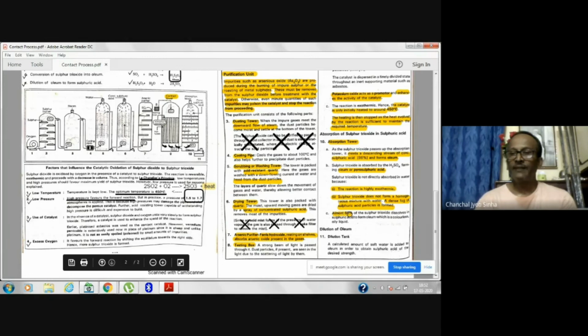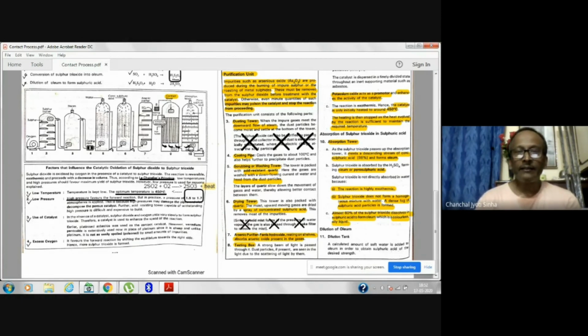Almost 60% of sulfur trioxide dissolves in sulfuric acid in this chamber to form oleum. Oleum is a colorless, oily liquid. This oleum settles here at the bottom of the chamber, and there is a tap. Oleum is taken out in this beaker, and water is added from outside.